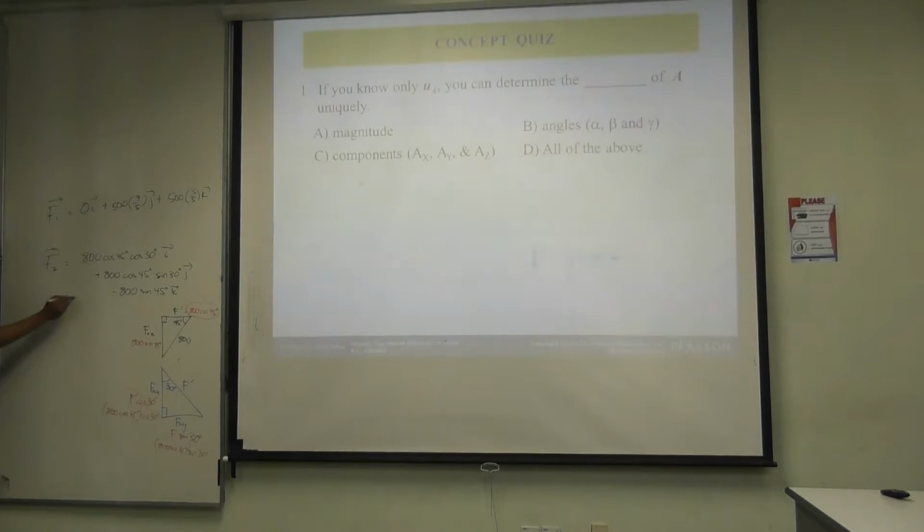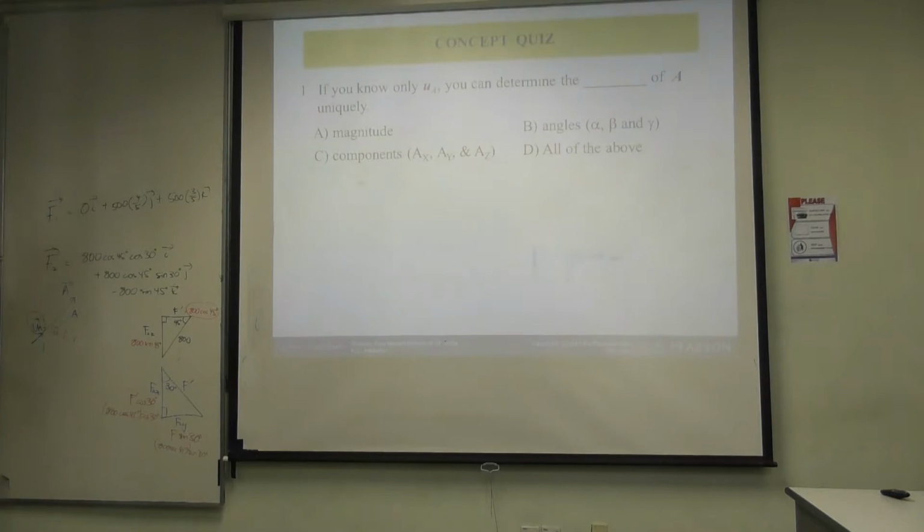Okay, if we have vector A, the magnitude of the vector is A, and if you have a vector of magnitude 1 in this direction, this becomes uA, right? The question says, if you only know uA, equal to blah blah blah i plus blah blah blah j plus blah blah blah k, that's the expression, you do not know anything else, you don't know this, you don't know that.